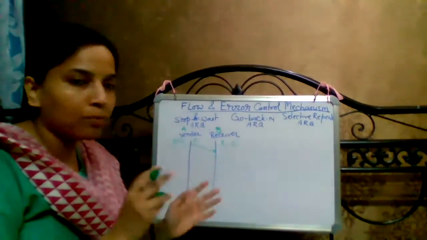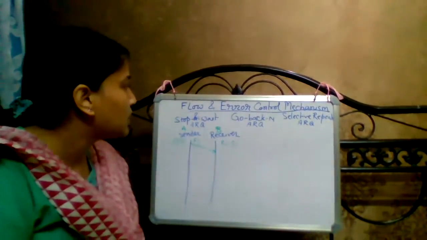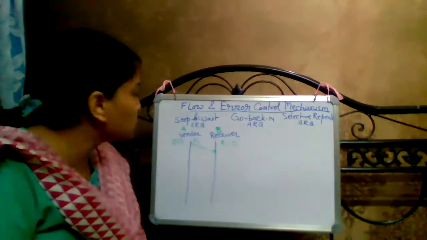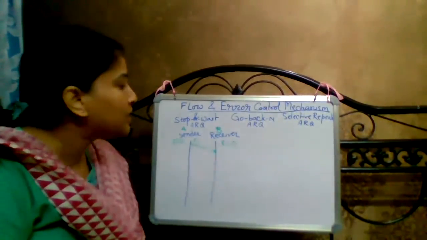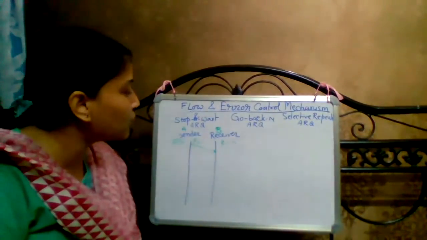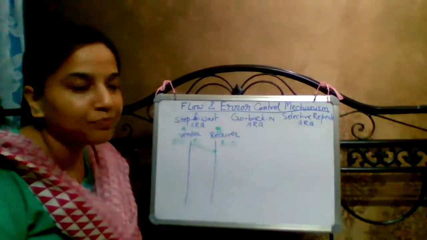Now, for bidirectional transmissions, B also has some data to send to A. Then what does B do? It must wait before it sends the acknowledgement.